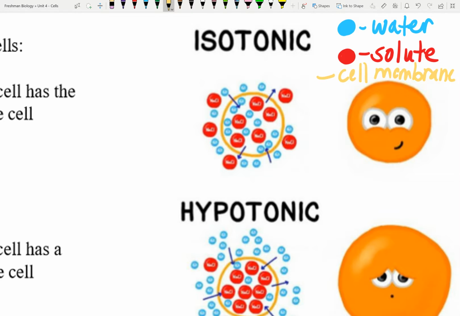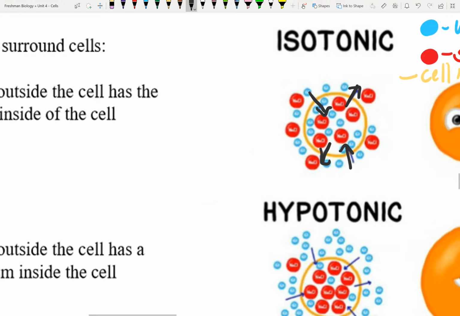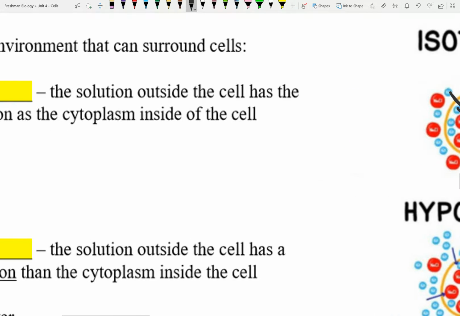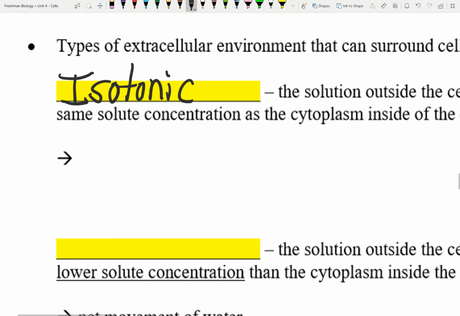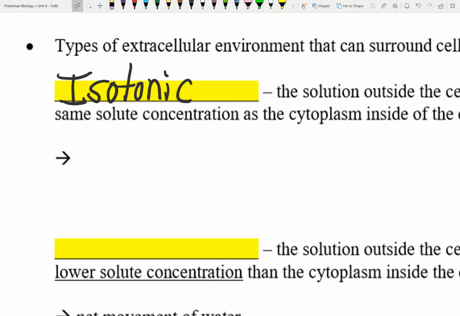So I would say that the amount of solute dissolved in the cytoplasm matches or is the same as the amount of solute, the red stuff, dissolved in the fluid outside the cells. And because of that, there's going to be an equal amount of water moving in and moving out. There's not going to be a net movement from one side to the other because there's not really a difference in concentration of the water outside and inside.